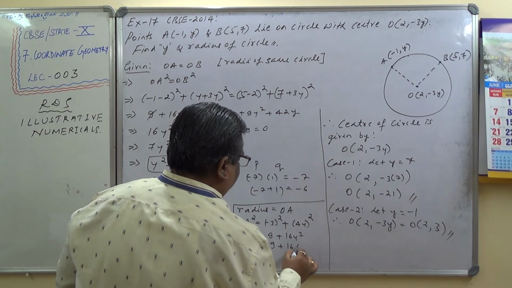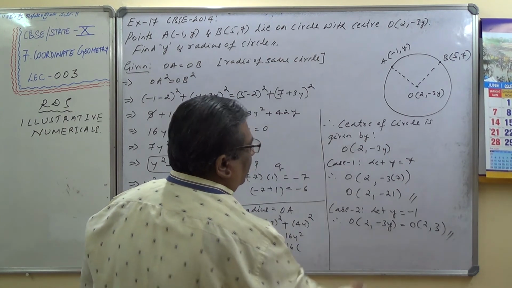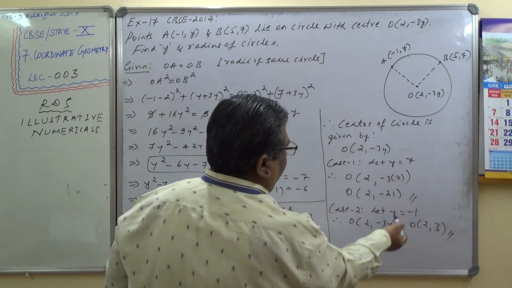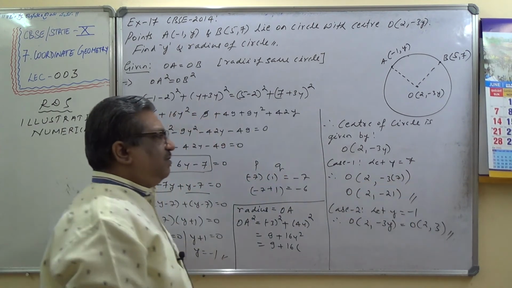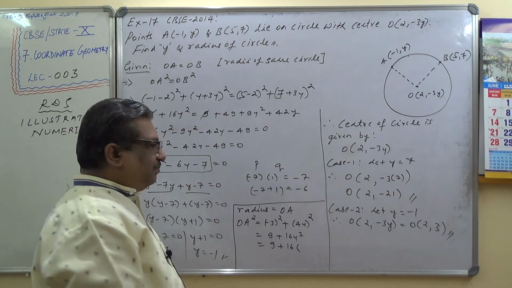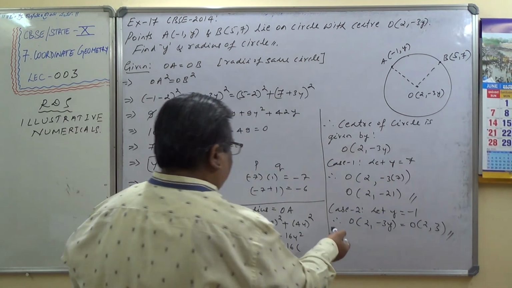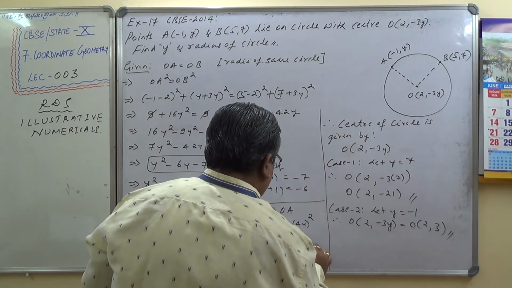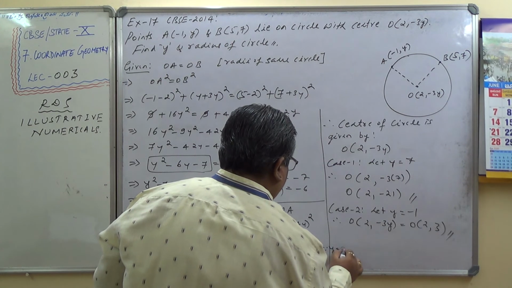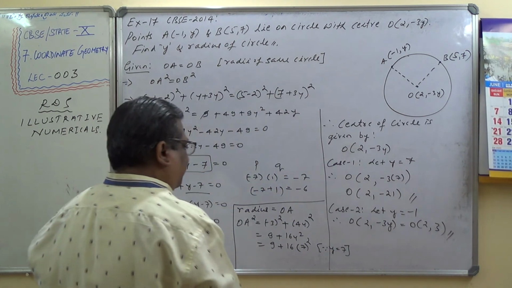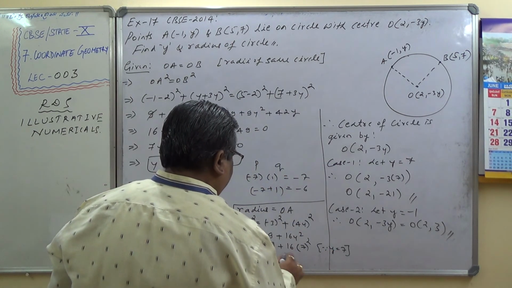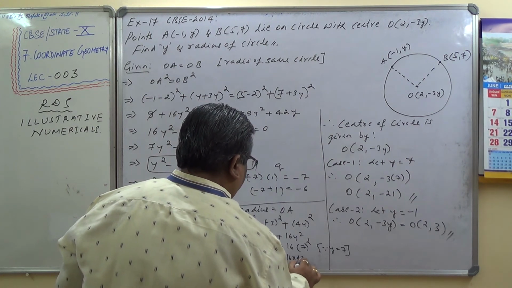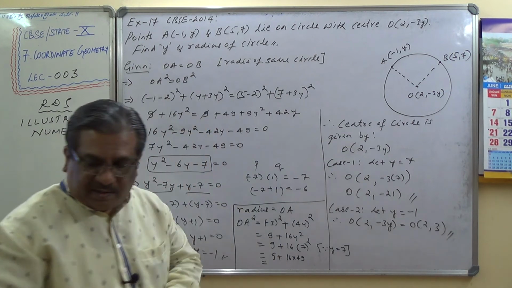What is the value of y here? You have got y is equal to 7 and y is equal to minus 1. You take y is equal to 7, you will get the value. So y equals 7, which is equal to 9 plus 16 into 49. Let me check this one.